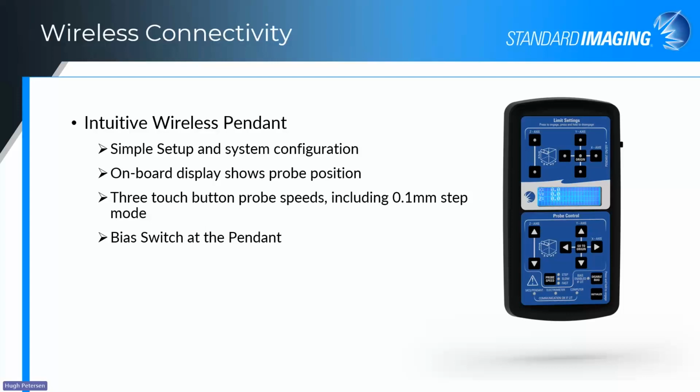Obviously, with mazes going into the linacs and things like that, sometimes you're at the console and you turn the bias on, you go back in the vault, but you need to readjust your chamber. You can leave the bias on, so you don't need to take another trip out of the vault. You can set the bias on or off right at the pendant. Just another nice little time-saving feature.